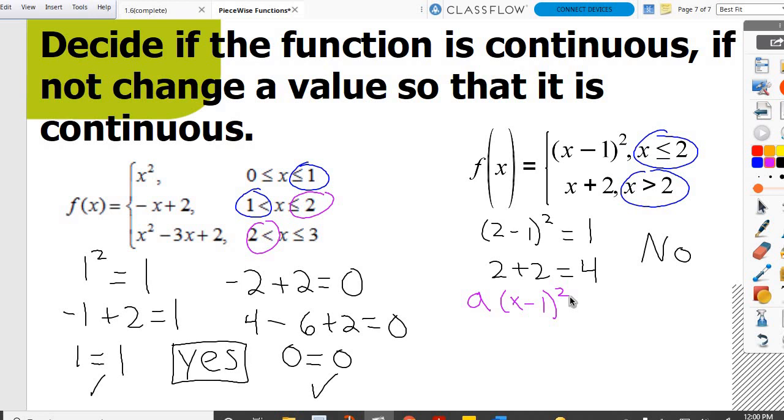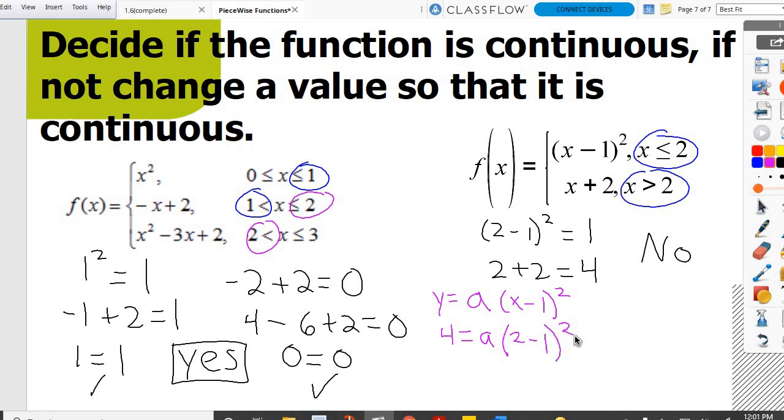I'm changing the number 1 to something else. And I want to make it equal 4, because that's where my other one is at. So I want my y value to be 4. And then what x value do we have to plug in? 2.